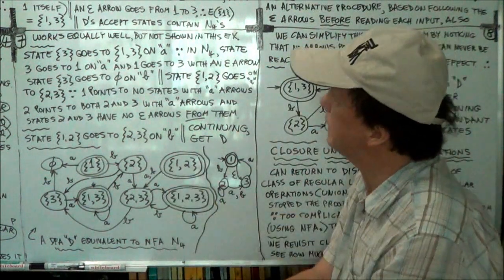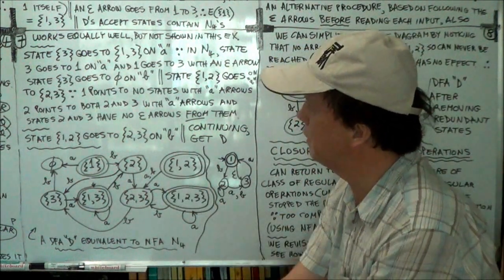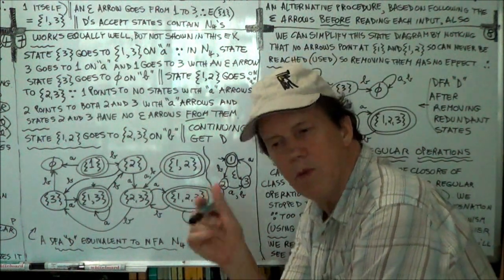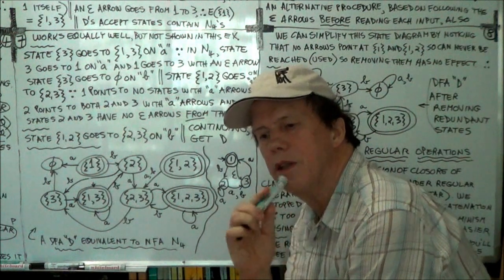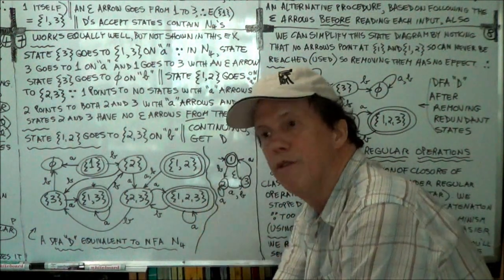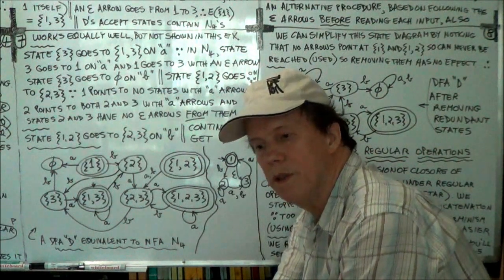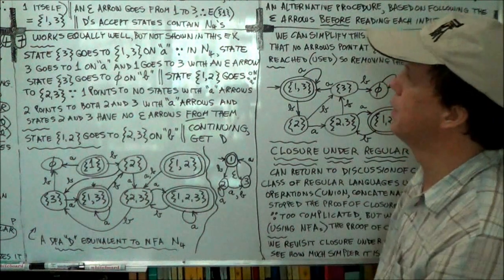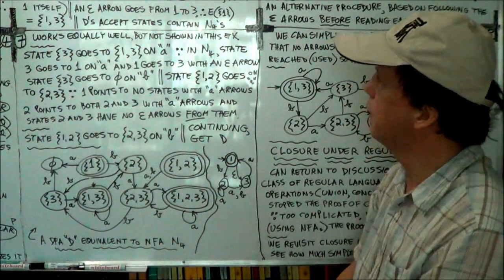Okay, so we were in the middle of finding the transition function, delta dashed, for the DFA capital D. So we're just going through the various states.